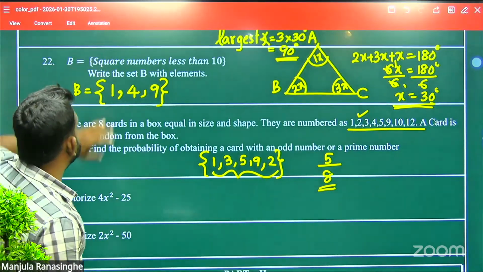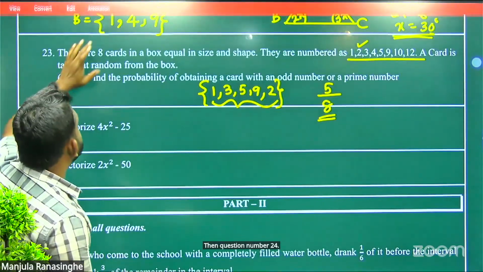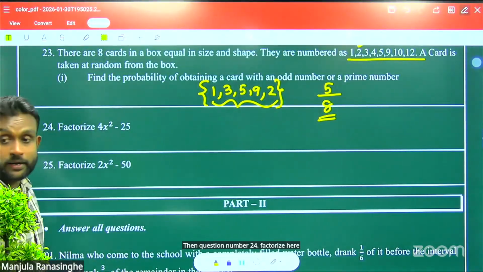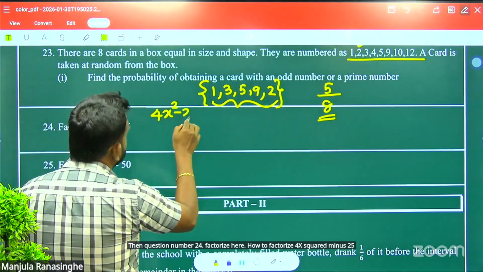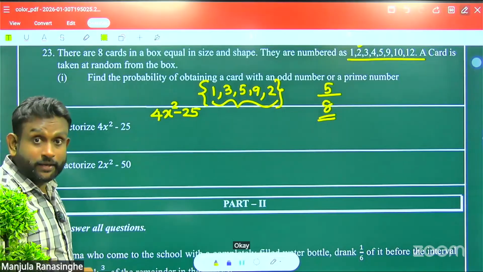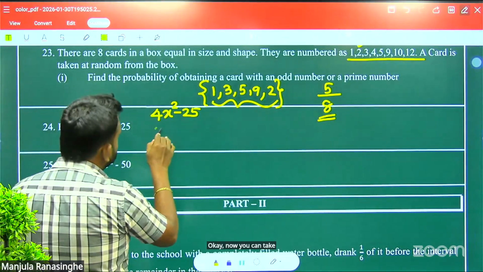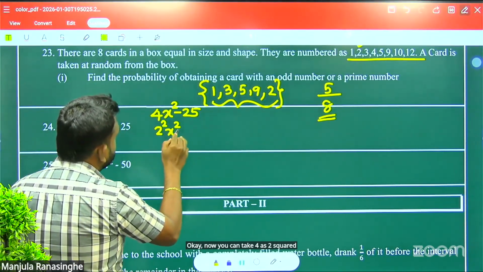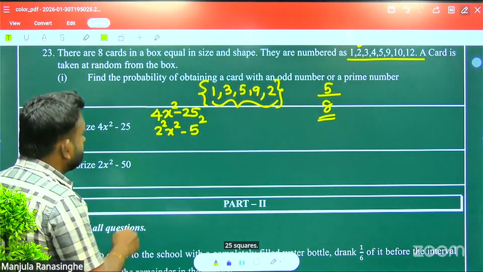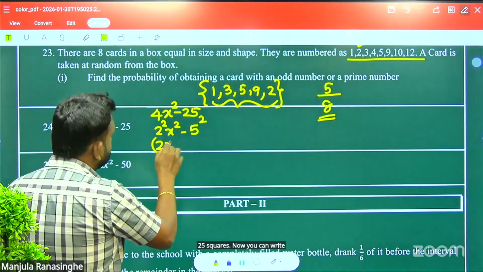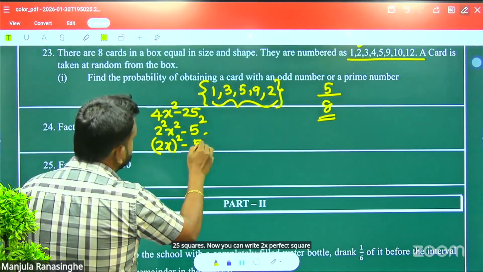Then question number 24. Factorize 4x squared minus 25. You can take 4 as 2 squared, x squared, minus 25 as 5 squared. Now you can write (2x) squared minus 5 squared.